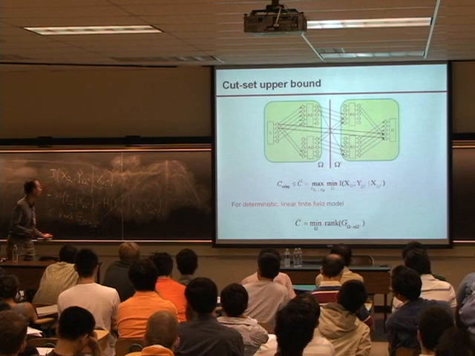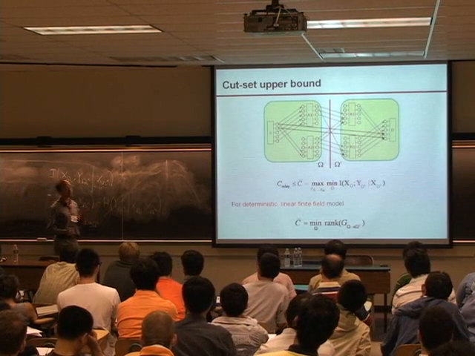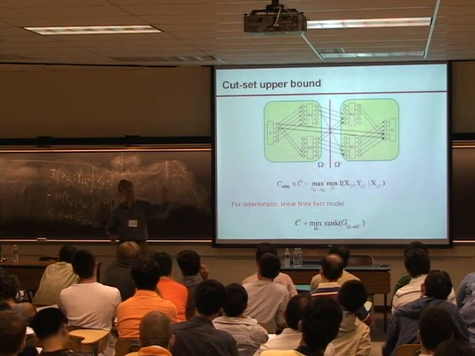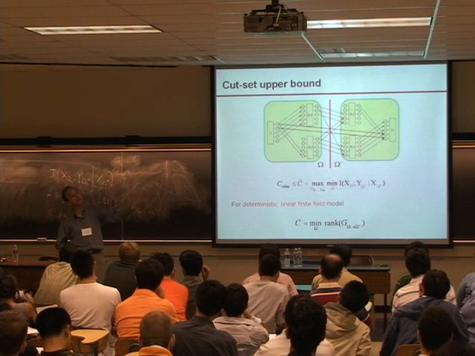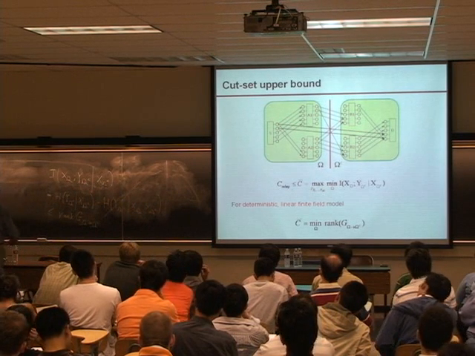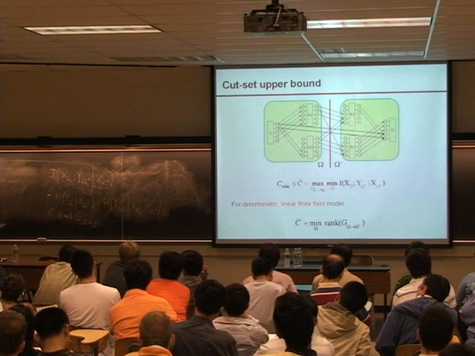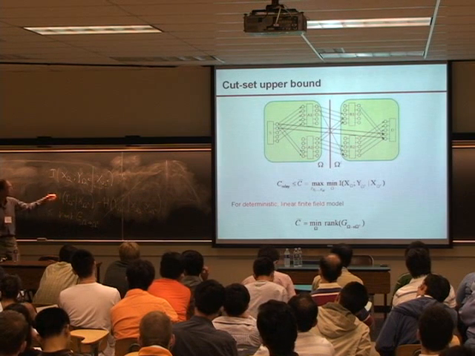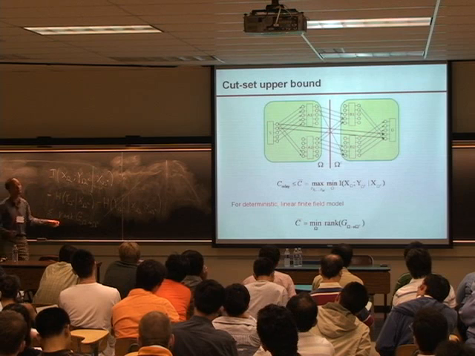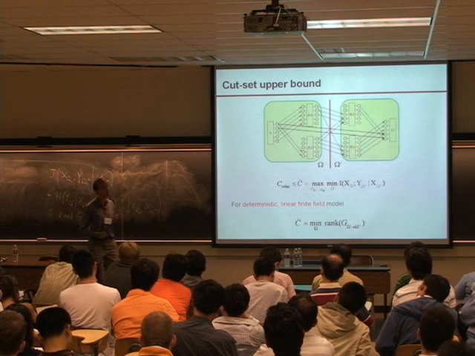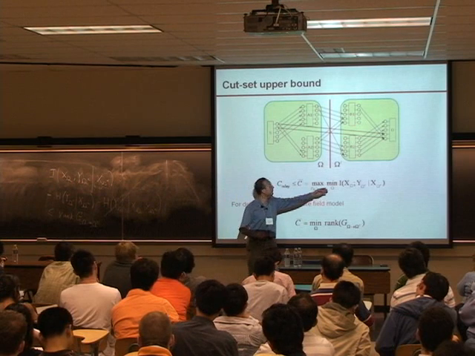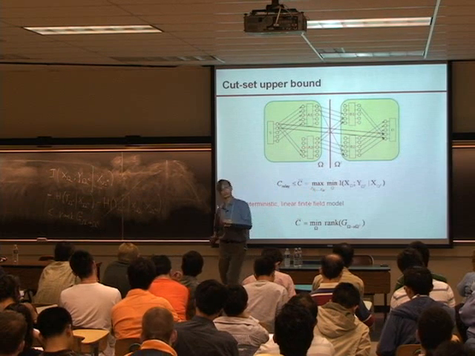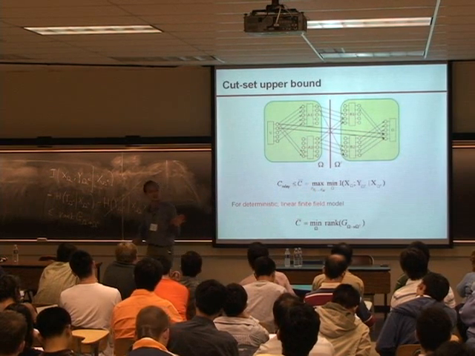Okay? Because for G times the input, the range space of this mapping, the number of values there gives what y can lie on. And so the log of that is the dimension of that space, which is the rank. So therefore, this number is always less than or equal to this number, no matter what the input distribution is. Okay? And by choosing a specific input distribution, you can actually simultaneously achieve that.